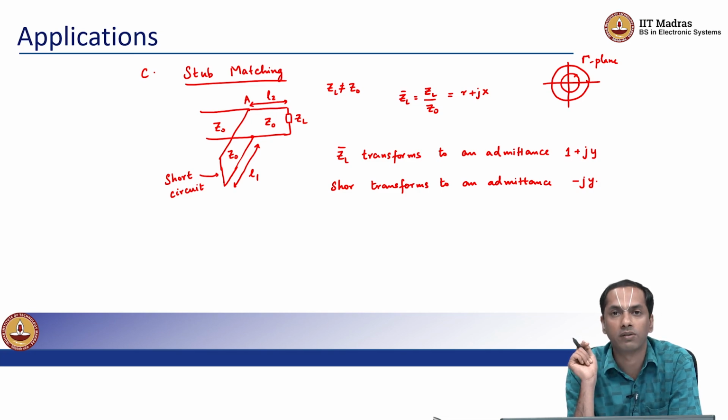So you can show that for some values of L1 and L2, I can transform any impedance ZL to match to the characteristic impedance Z0.